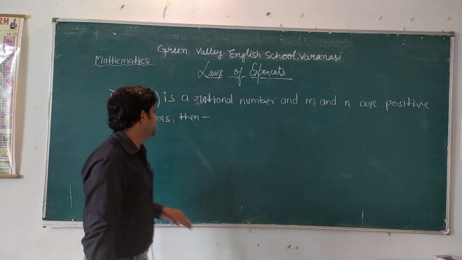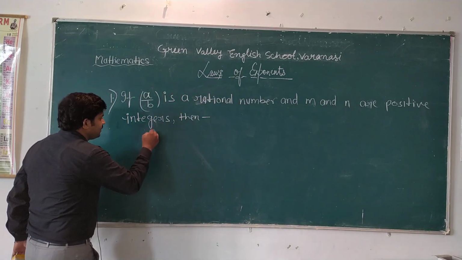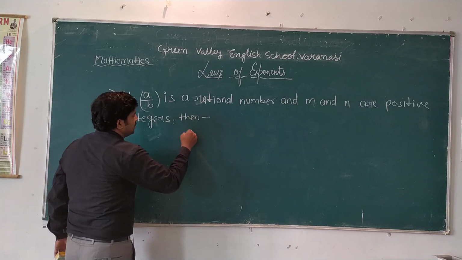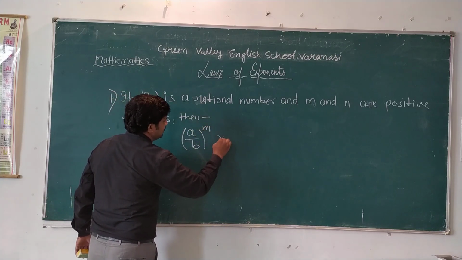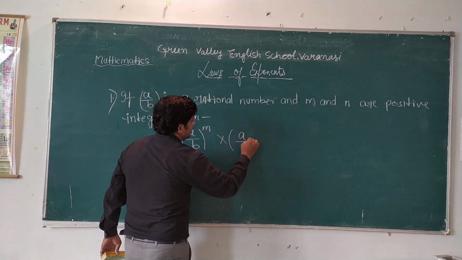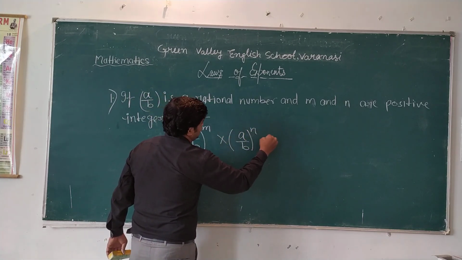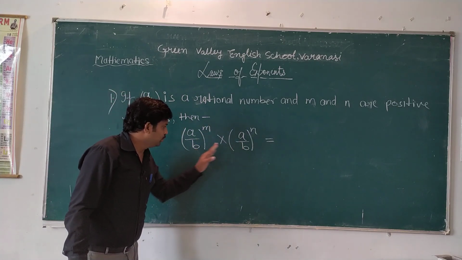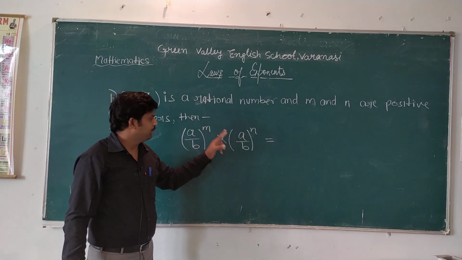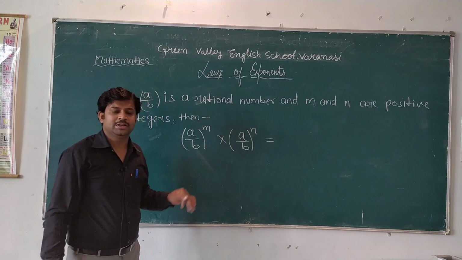If a/b is a rational number and m and n are positive integers, then (a/b)^m multiplied by (a/b)^n. Here we can see that both the bases are the same but the powers are different.